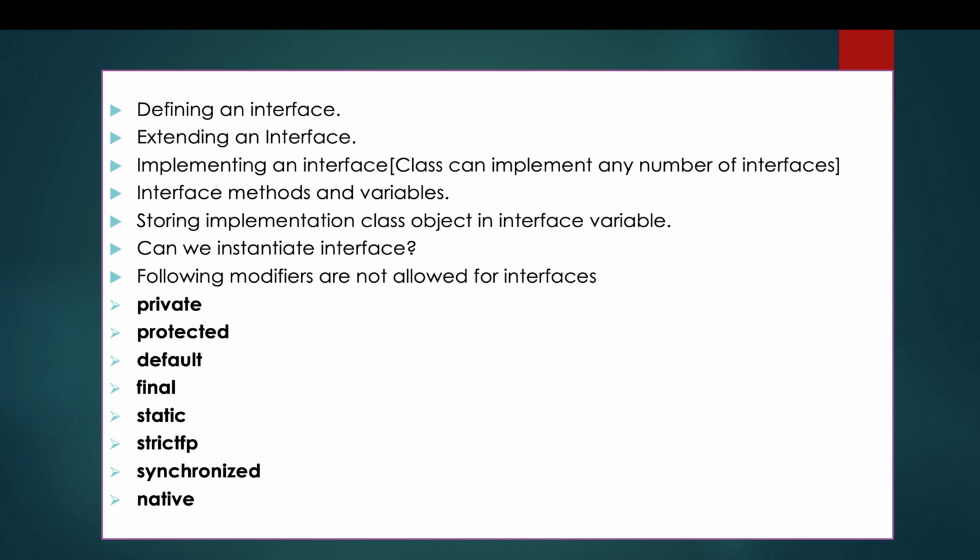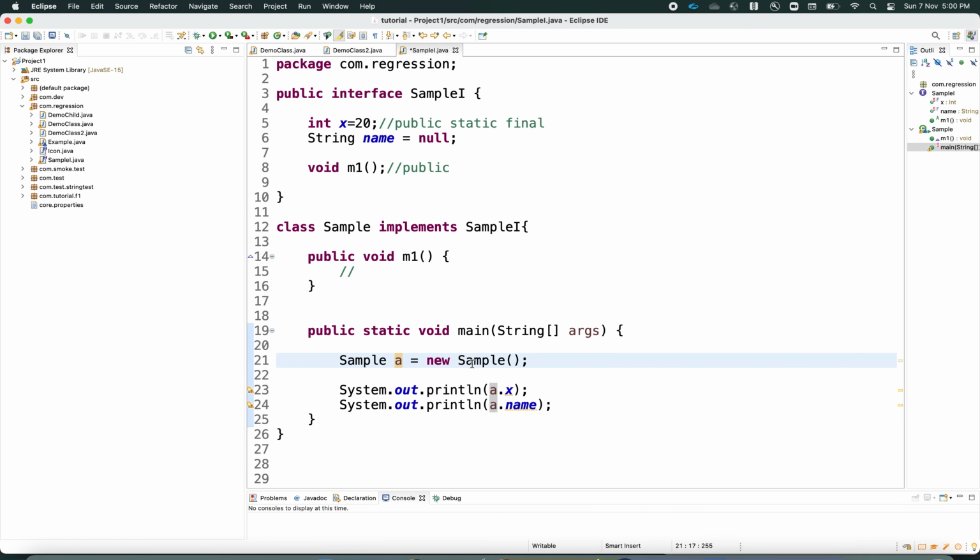Now we'll see how to store the implementation class object in an interface variable. So far we have seen creating an object and storing that object reference into a variable of the same class type. But now, in this example, sample I is an interface and sample is a class which is implementing this interface.